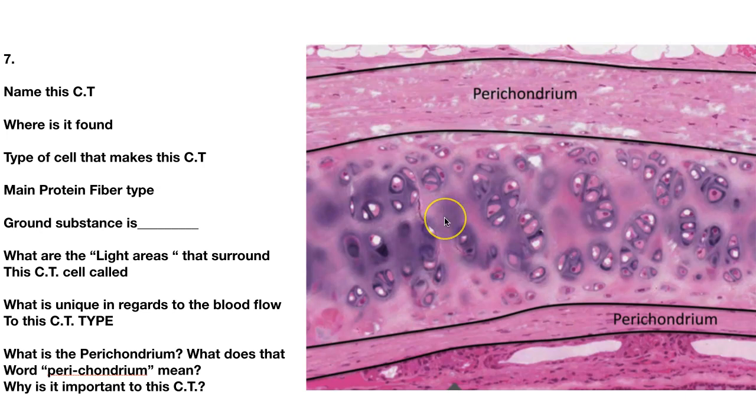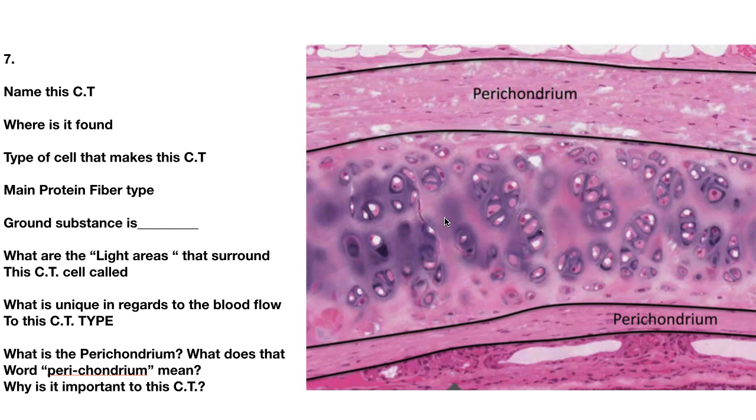This is hyaline cartilage. Where is it found? Hyaline cartilage is your most common cartilage. So anytime you have an exam and they ask you what kind of cartilage it is and you don't know, put hyaline cartilage.